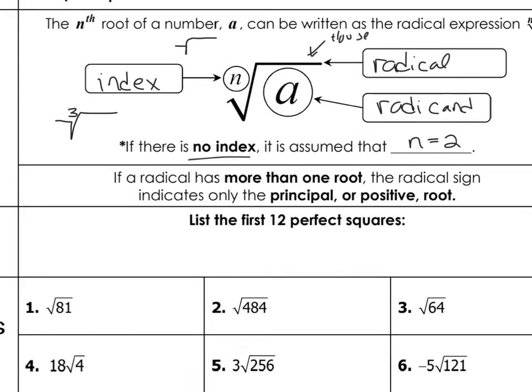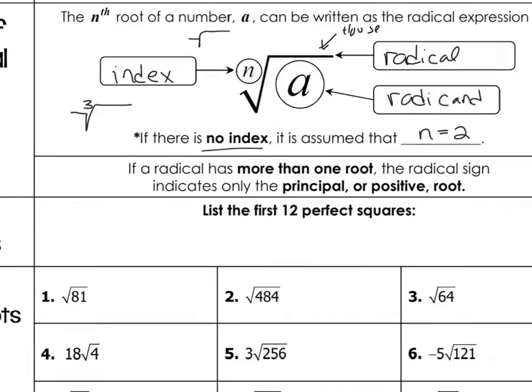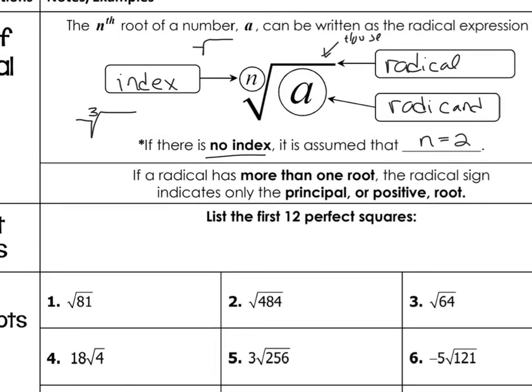First let's look at perfect squares. A perfect square would be like 36, because 36 is 6 times 6, right? If you can take the square root of something and there's not a remainder, that's a perfect square.